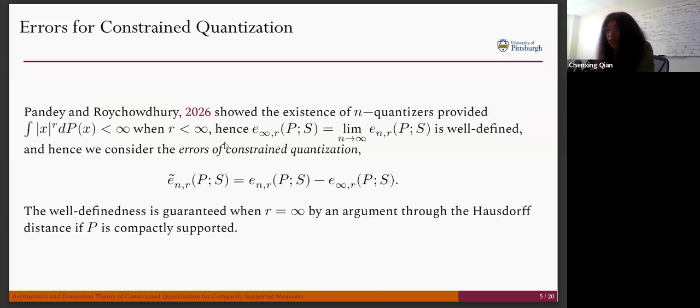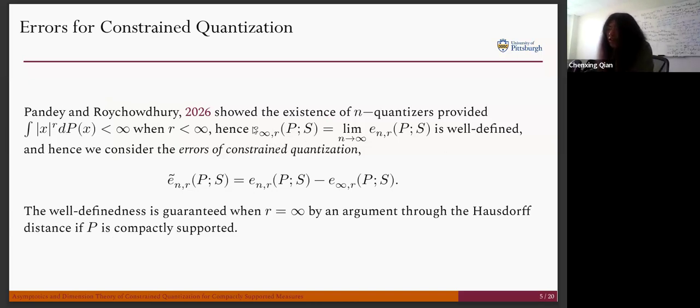Let's go on to another page. If the r-th moment of the probability measure is less than infinity, then the limit of the minimization problem as n goes to infinity exists.